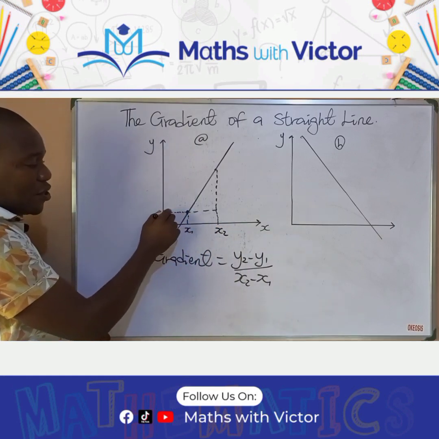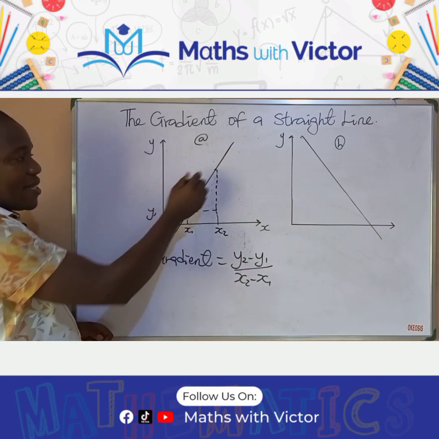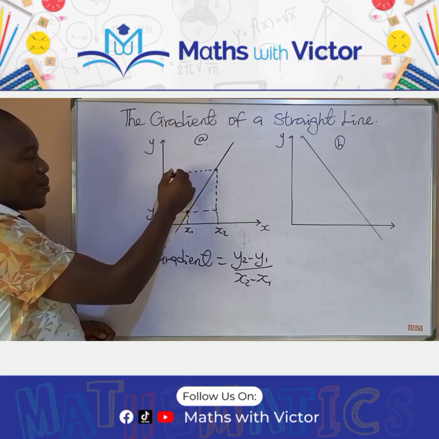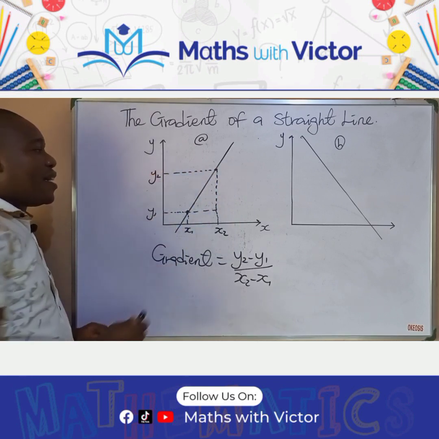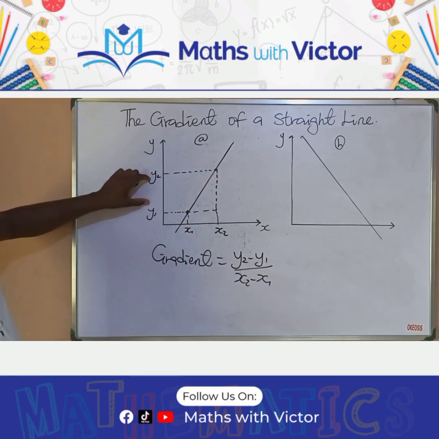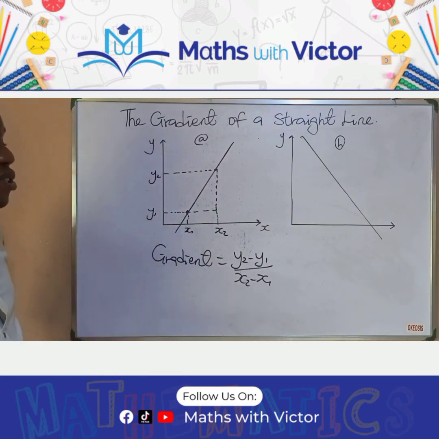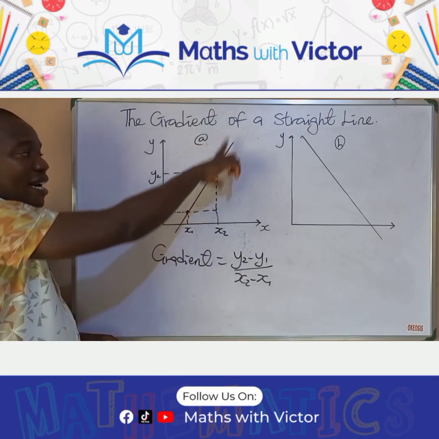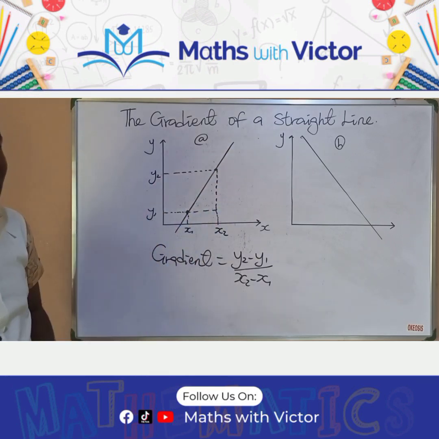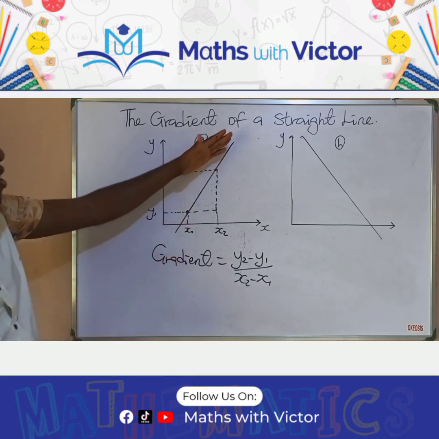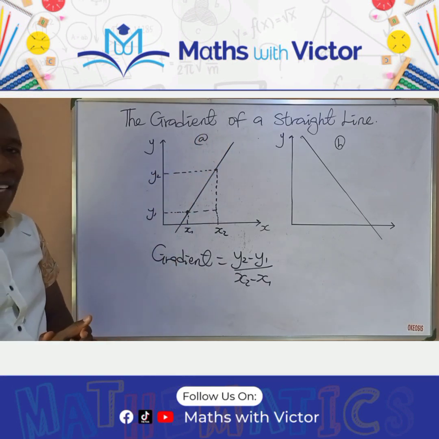I trace that of the first point, y1, to the y-axis, and then the second point, y2, to the y-axis. So I find the change or the increase here, and I find the increase here, and I find the ratio. That gives me the slope of the line. And then if I do it for two other different points across this straight line, I'm going to have a constant gradient because, like I said before, the gradient of a straight line must be constant.